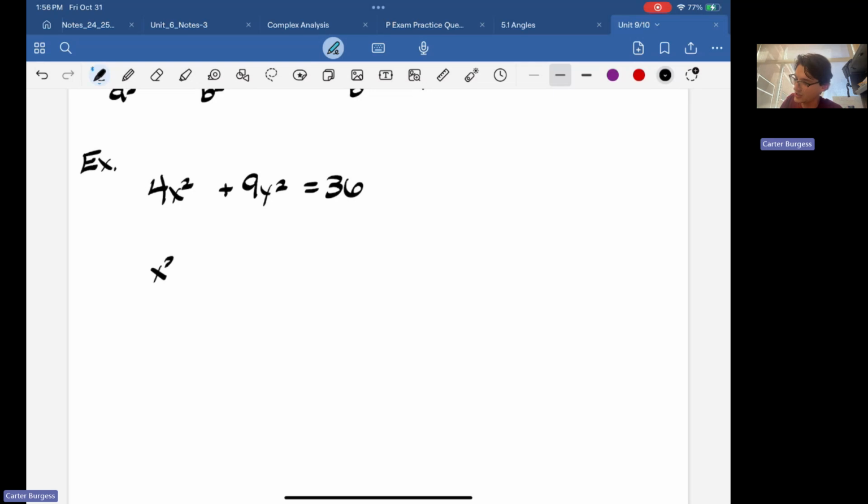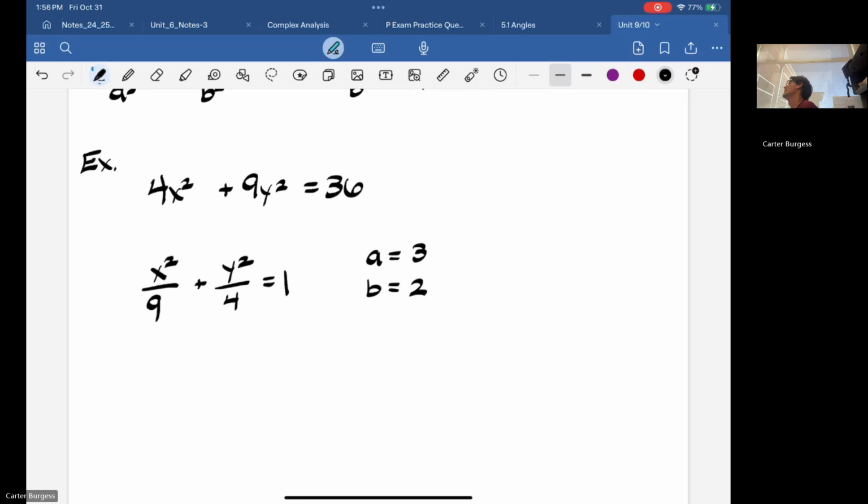I get x squared over 9, sorry, not 9 squared, Freudian slip, over 9 plus y squared over 4 is equal to 1. What then are going to be our values for a and b? A is going to be 3 and b is going to be 2. How can I tell which one is a and which one is b? A is the one that's bigger.